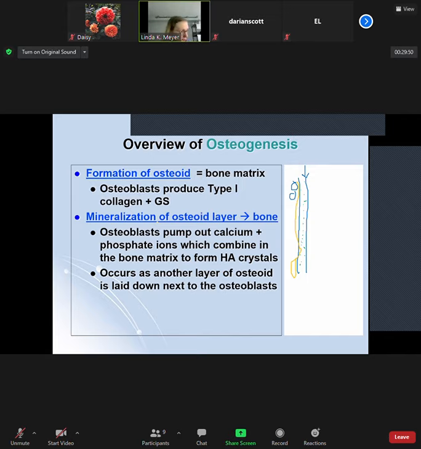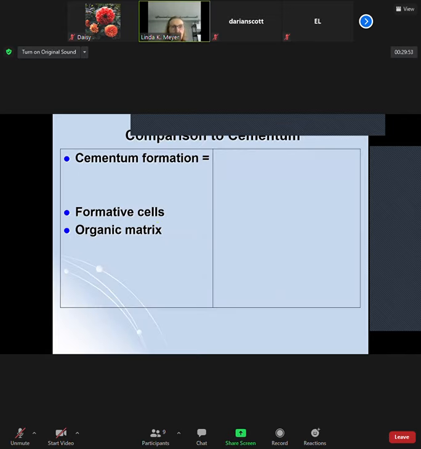Okay, if we go to the top of the next page and compare it with cementum, cementum occurs in the same two-step process. But let's just write in the differences. First of all, cementum formation is called cementogenesis. And it says there in the left-hand column that it occurs in the same two-step appositional process.